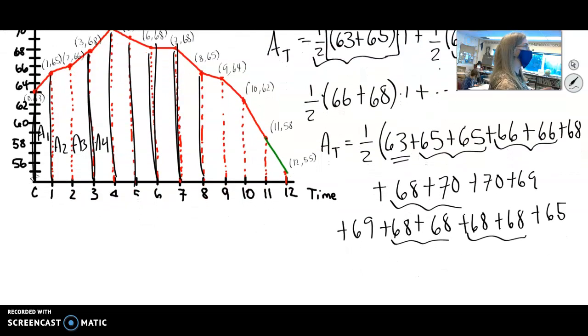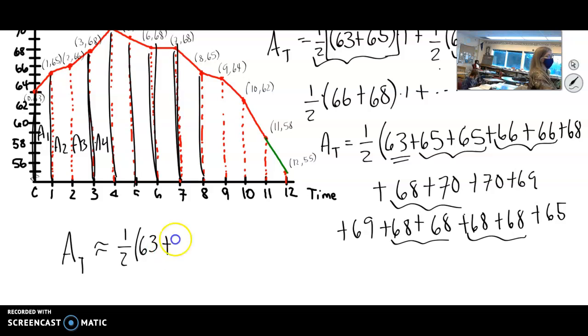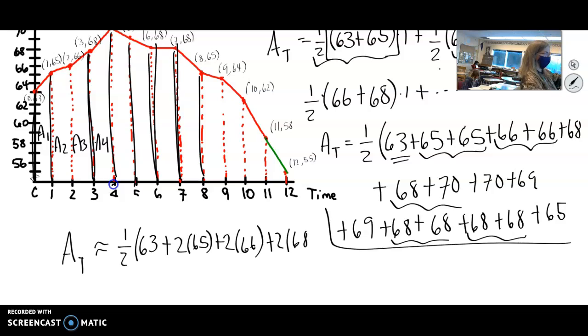Okay, so let's look at how this shortcut is going to work. We can get an approximate total under the curve by taking 1/2 and then adding up the first base plus 2 times the second base plus 2 times the third base, plus 2 times the next base, which is 68. Plus 2 times the next base, which is 70.